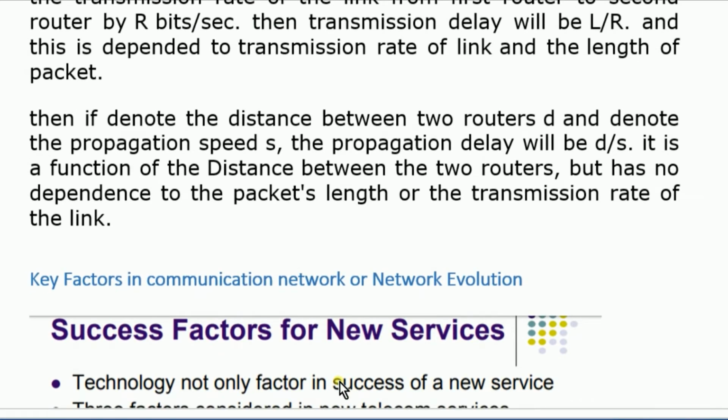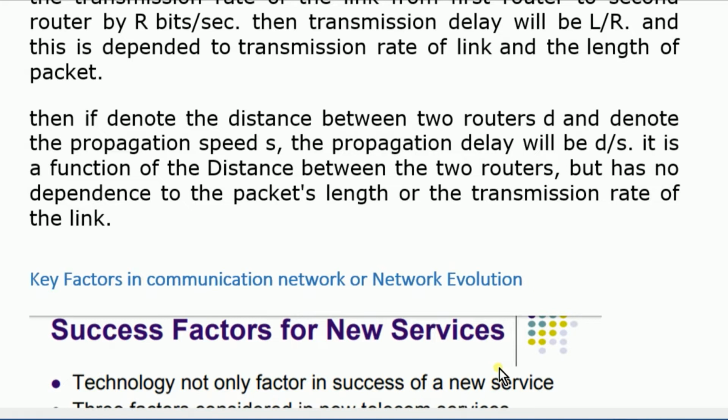Then if we denote the distance between two routers by D and denote the propagation speed by S, the propagation delay will be D by S. There may be questions: what is propagation delay? Remember, propagation delay is equal to D by S. What is D?